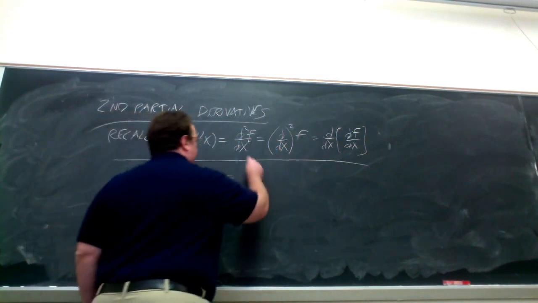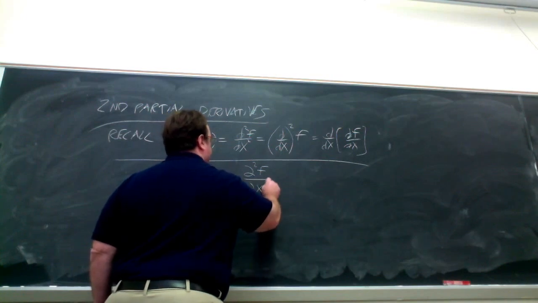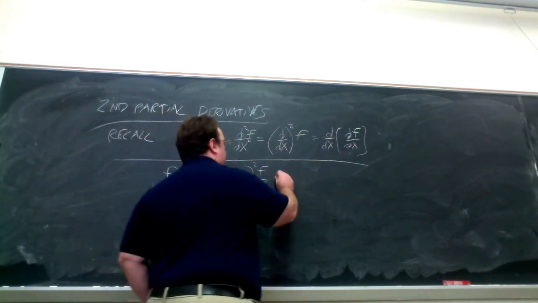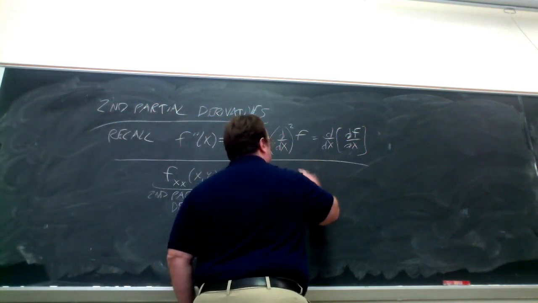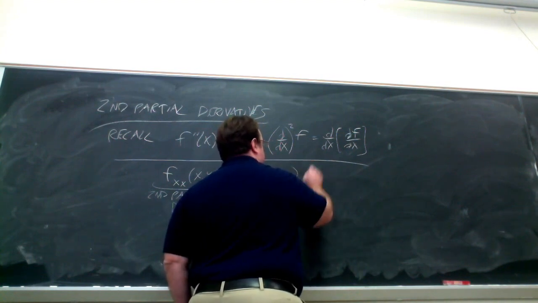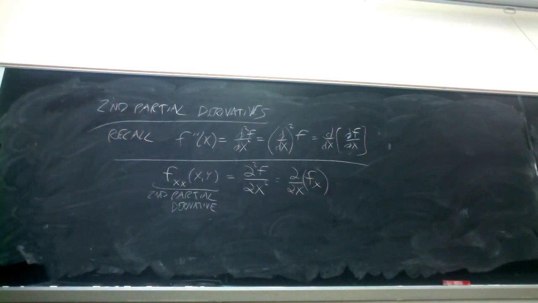The other way it's written is similar to this notation: a partial differentiation operator with respect to x squared applied to f twice. So you go ahead and take f x, like you've already seen how, and differentiate that with respect to x again. Very similar to single variable differentiation.